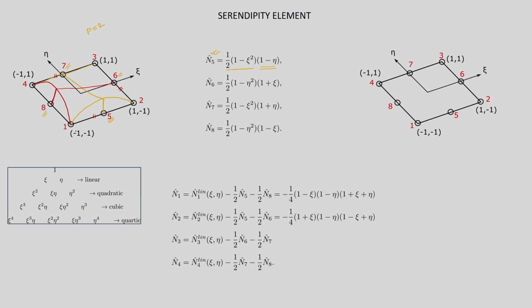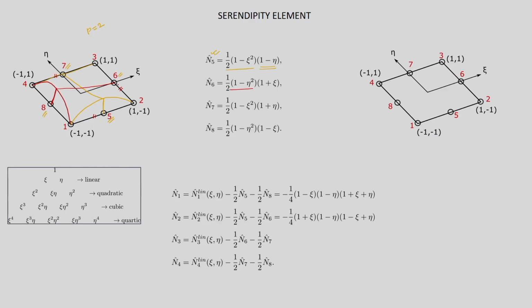Since it is varying quadratically with eta, we have half into (1 minus eta square), because it is 0 at eta equal to plus minus 1, and it is linearly varying with xi and becoming 0 at xi equal to 1. So, that gives us N8.